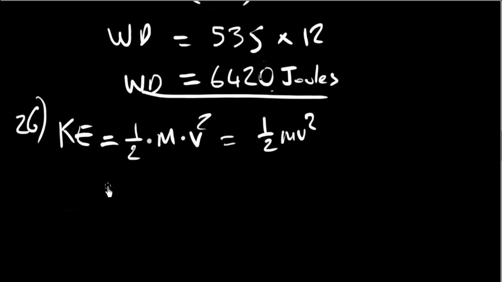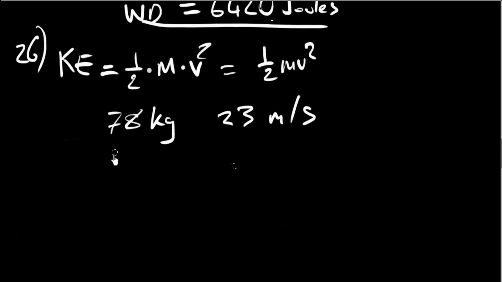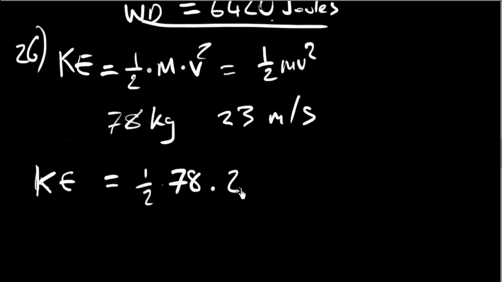So here they go, and they say find the kinetic energy of a 78 kilo sheep moving at 23 meters per second. So we can say, you've given me everything that I need for my formula, which is 1/2 times the mass, 78, times, be careful here with the square, the 23, which is the velocity, is the only thing that is squared, not the mass.